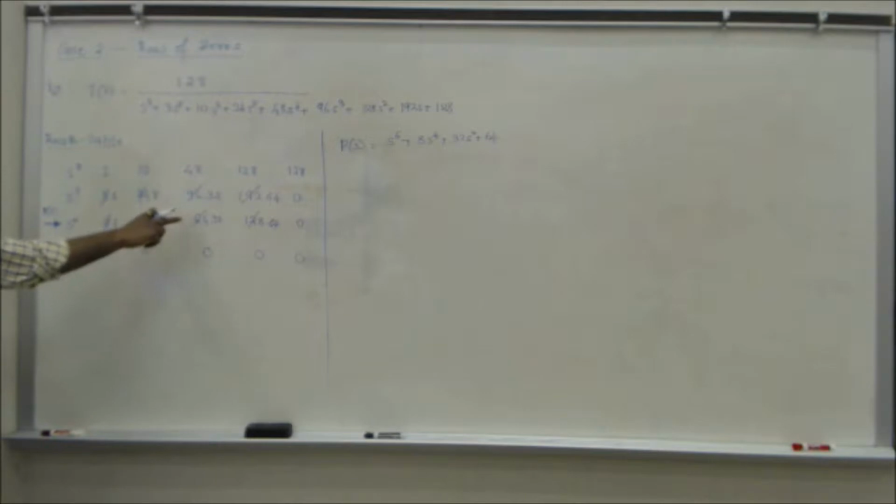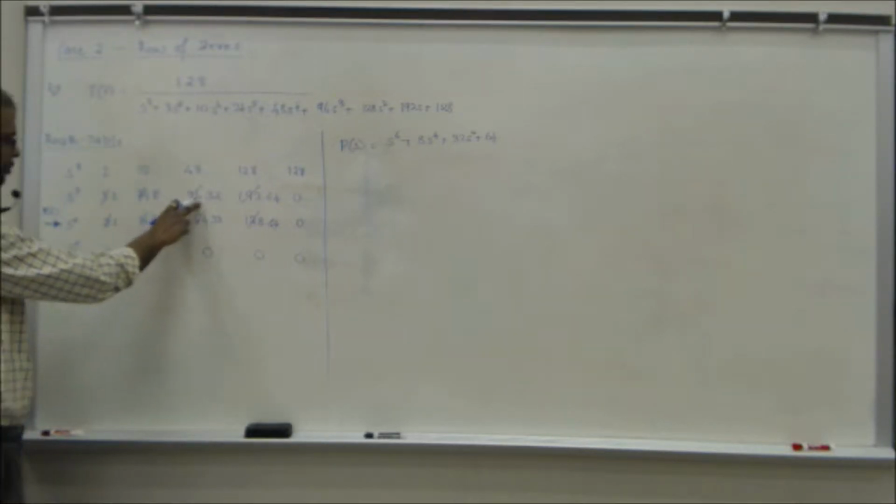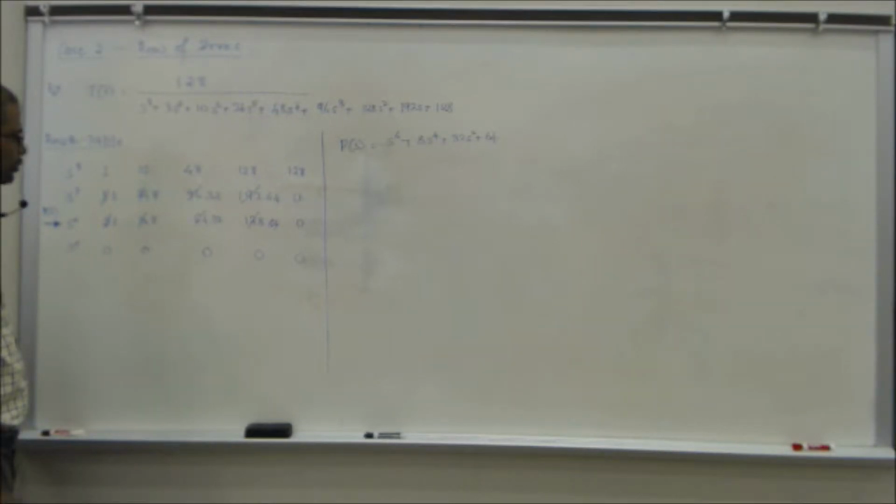This one? Okay. You get 8? You have 384, 64 over 8 is 8. That's what you're saying?